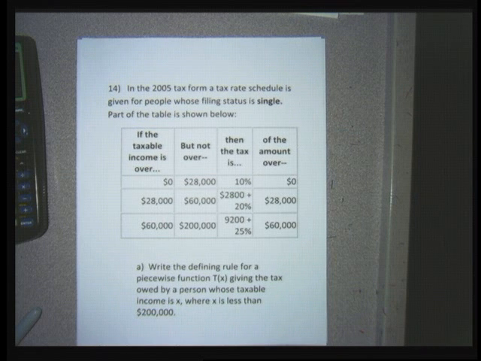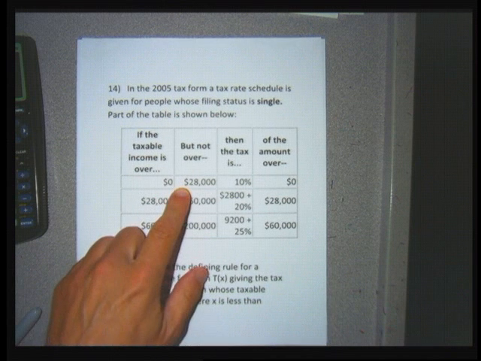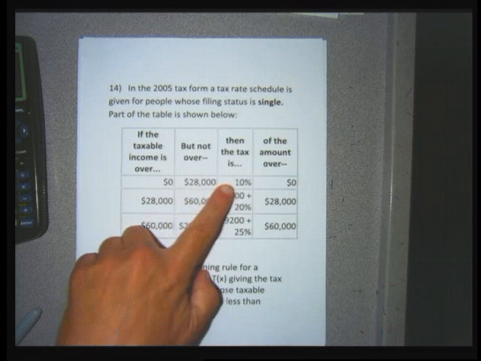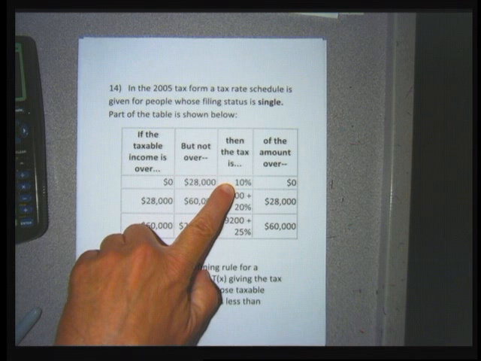But anyways, taxes are a classic piecewise function, because the more you make, the higher your tax rate. So if you make $28,000, at least back in 2005, you'd pay 10% federal income tax on what you made.